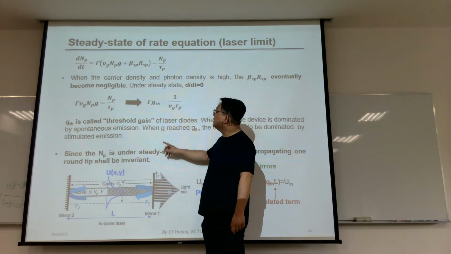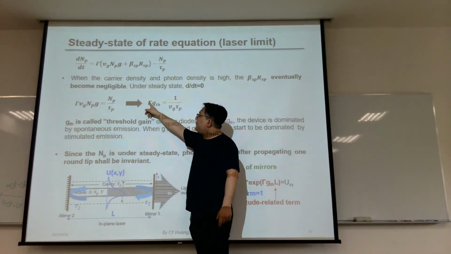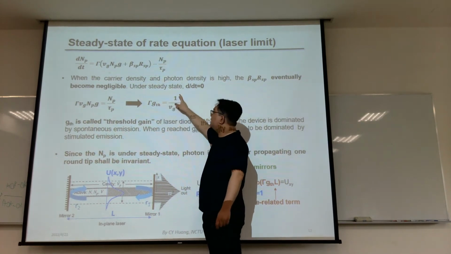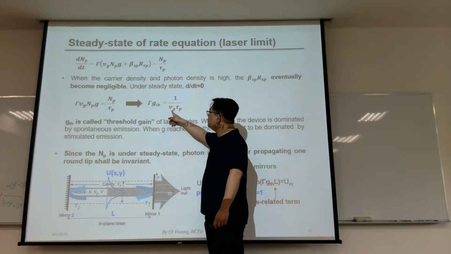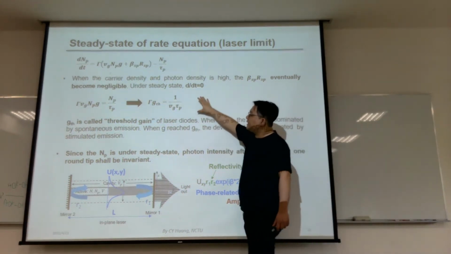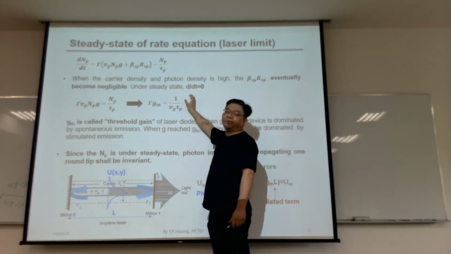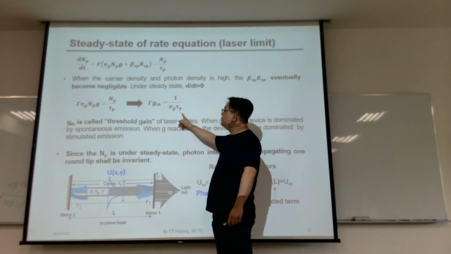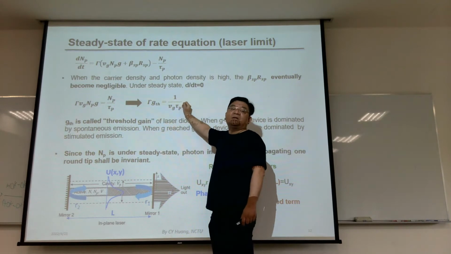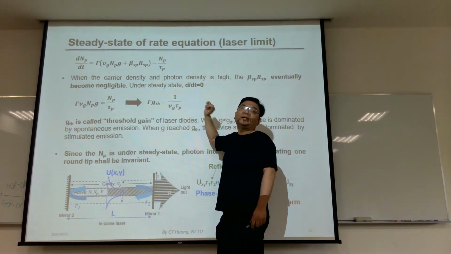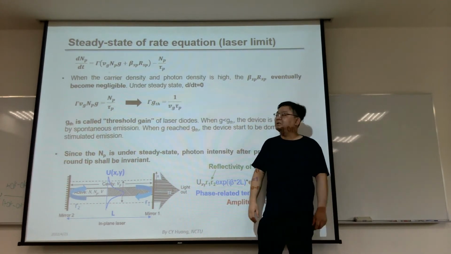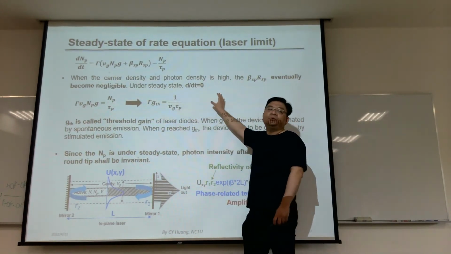So we have gamma g_th, the threshold gain, should be 1 divided by Vg divided by tau p. So this is a threshold condition. But this is correct but not useful, because who knows what tau p is? Tau p is just a term to help us write down the photon consumption in the cavity, but we really don't know what tau p is.